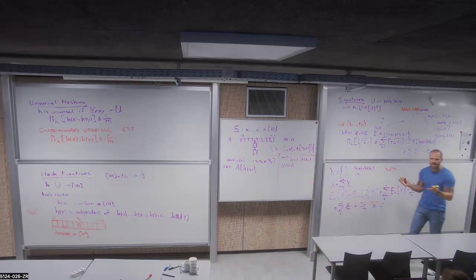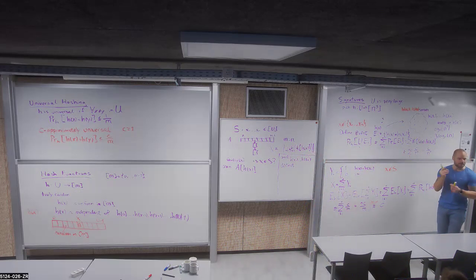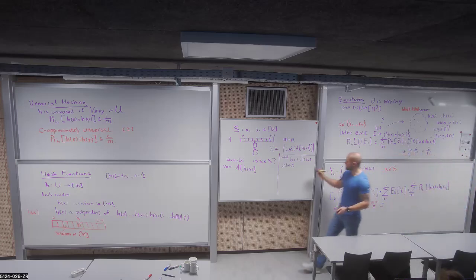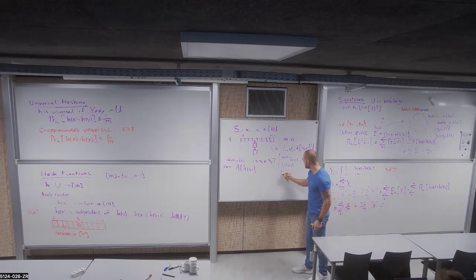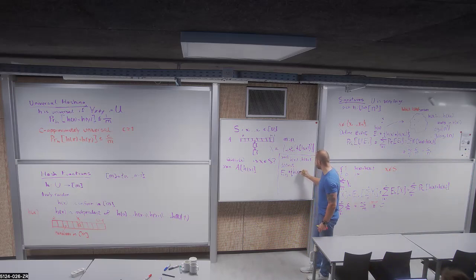Makes sense that this would be nice, and we just use this 3 log n bit string to identify our elements. So here we could also define events E_ij for every pair of distinct keys: the event that hash of x_i is equal to hash of x_j.